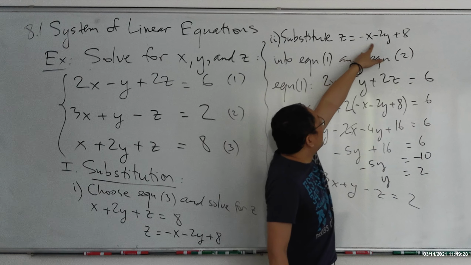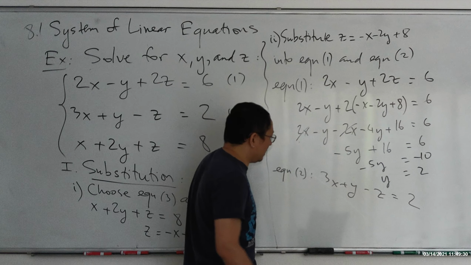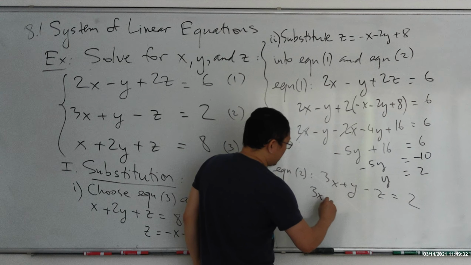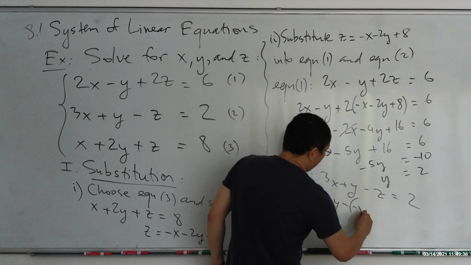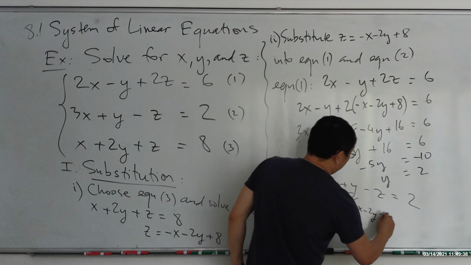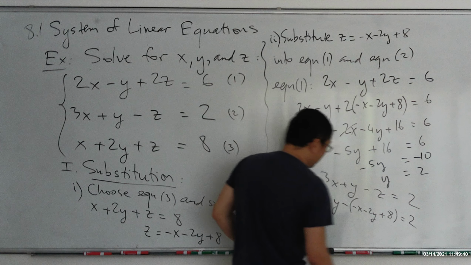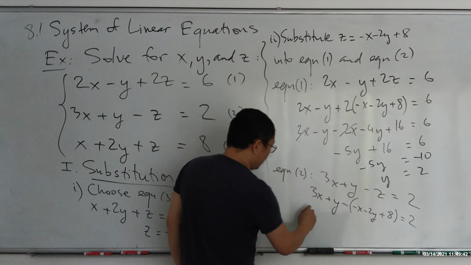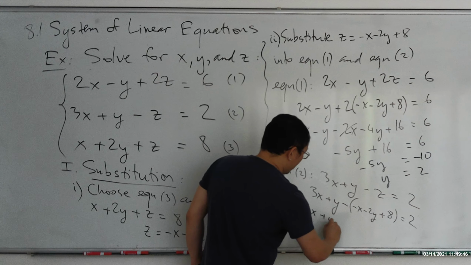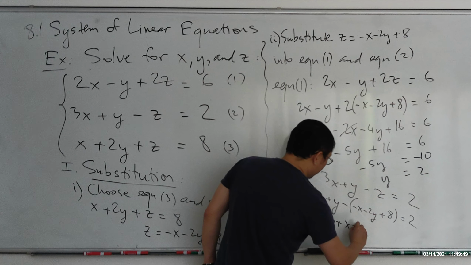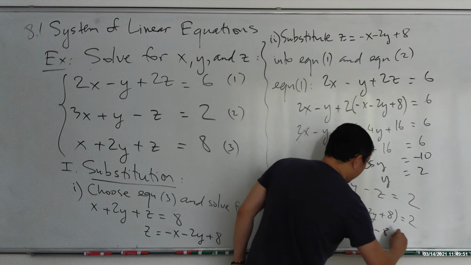Replace the z by negative x minus 2y plus 8. 3x plus y minus negative x minus 2y plus 8 equal to 2. Again, simplify. 3x plus y plus x plus 2y minus 8 equal to 2.